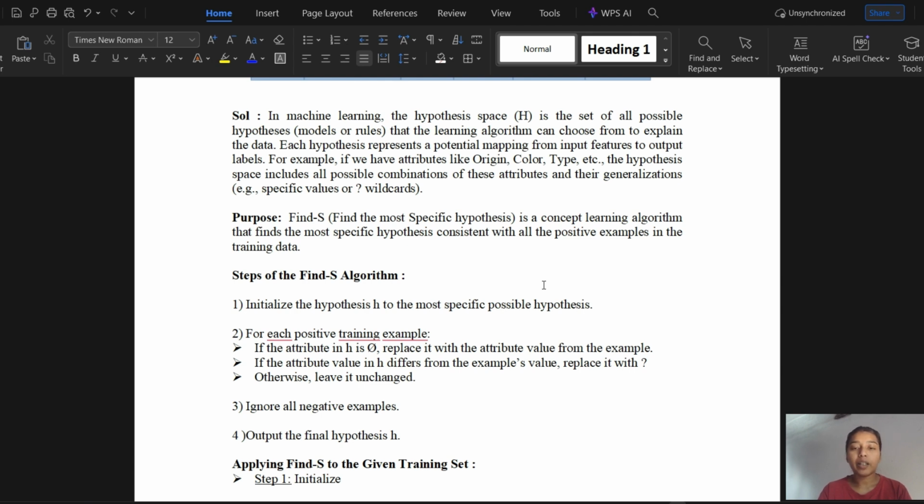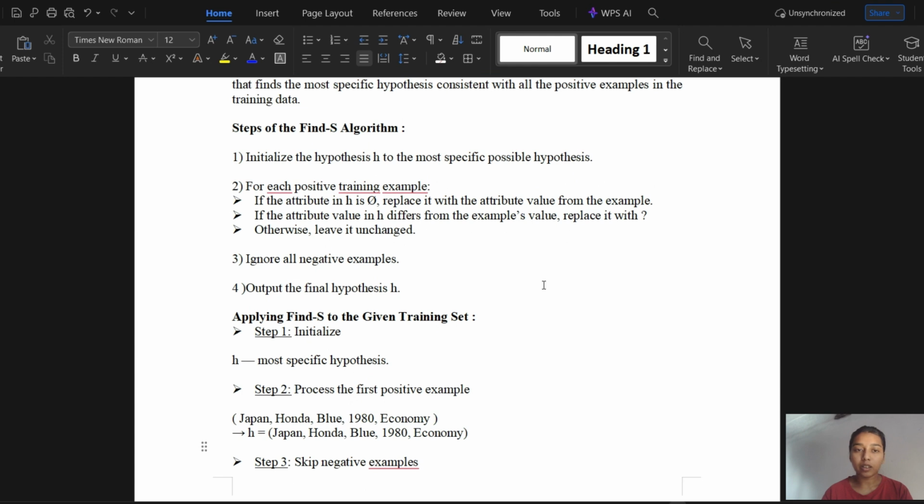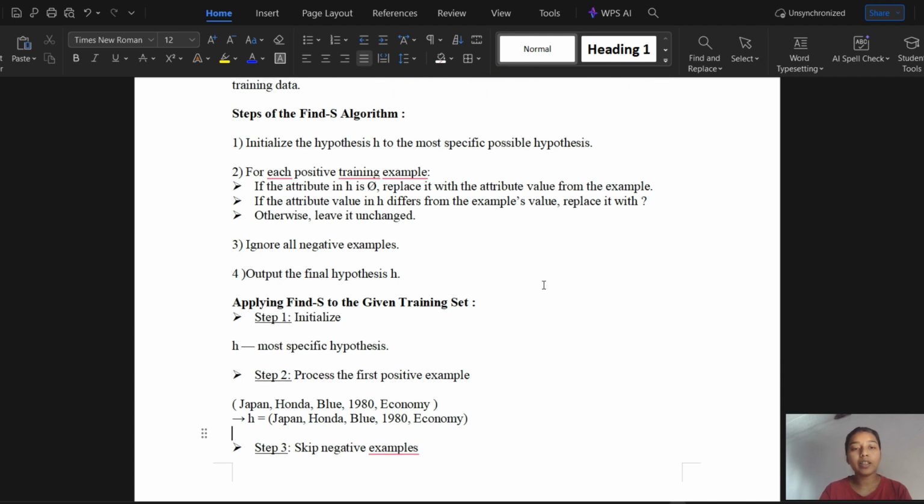The purpose of the Find-S algorithm: it is a concept learning algorithm that finds the most specific hypothesis consistent with all the positive examples in the training data. The steps of the Find-S algorithm are: first, initialize the hypothesis H to the most specific possible hypothesis.